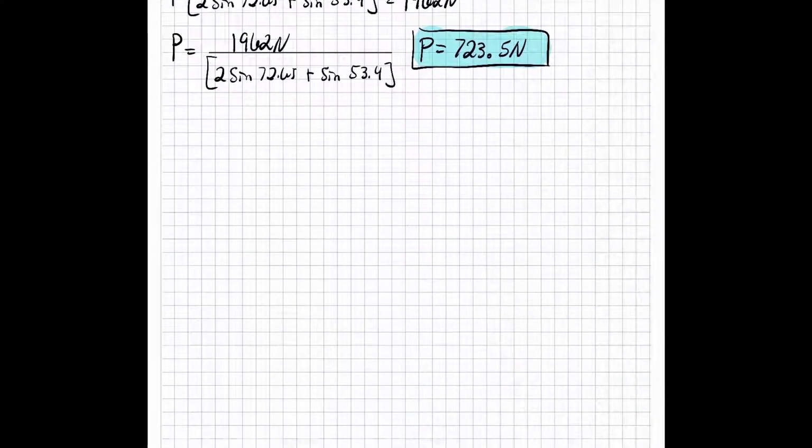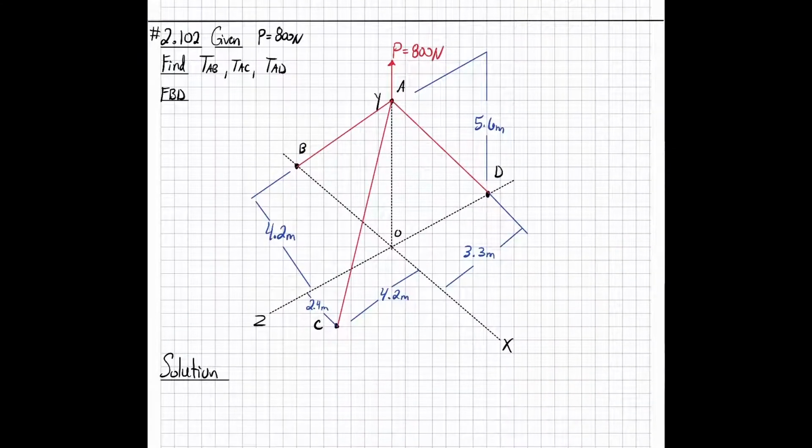Okay. Moving on. We're on problem 2.102. So 2.102 is a hot air balloon with 3 tensions or 3 cables tied to the ground, keeping it from floating up. They give us that the force of the hot air balloon rising is 800 newtons. They ask us to find the tension in all the cables, tension AB, AC, and AD, given the dimensions we see in the diagram.